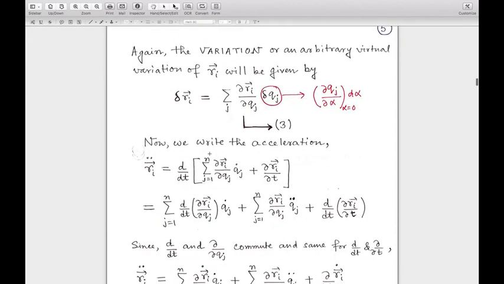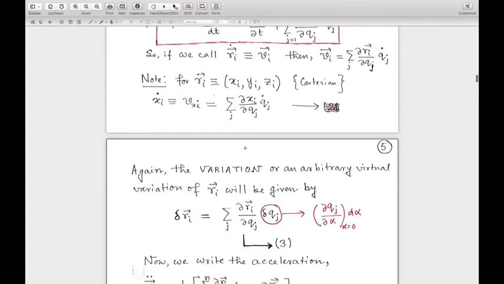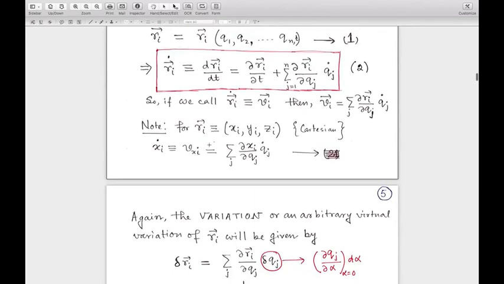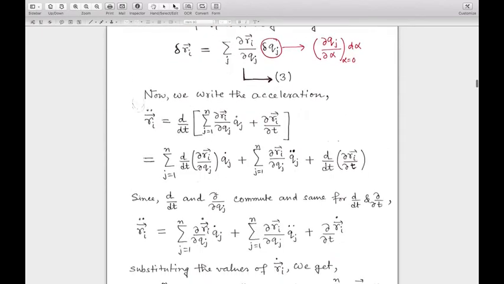Now we write the acceleration. The normal acceleration is Ri double dot, and that will simply be ddt of this Ri dot. Now simply substituting this expression over here, you have three terms. ddt of this will give you two terms: ddt of del Ri del Qj times Qj dot, plus del Ri del Qj times Qj double dot, because ddt of Qj dot is Qj double dot, plus ddt of del Ri del t.